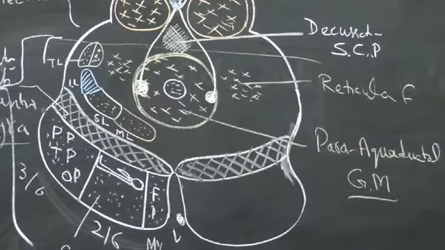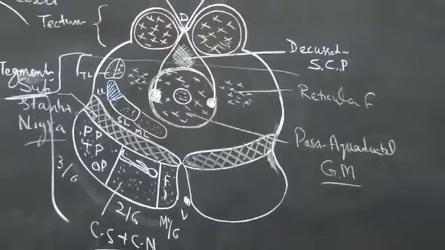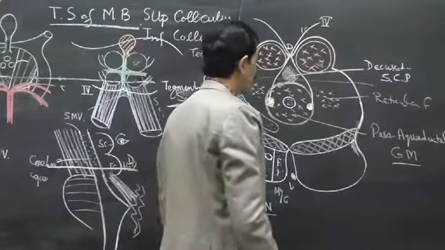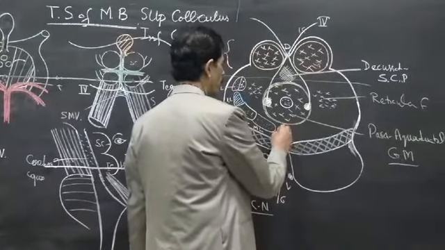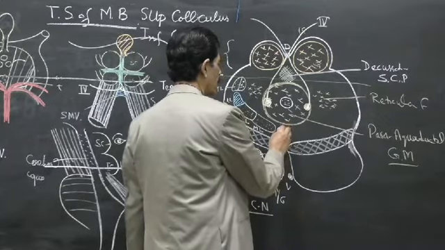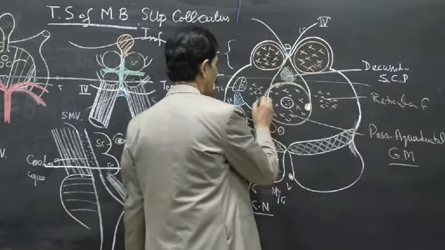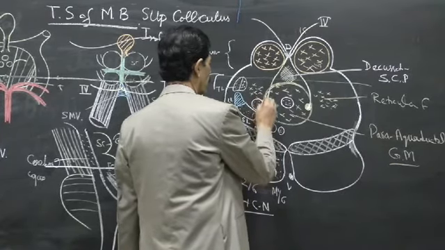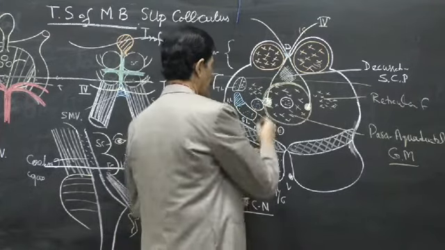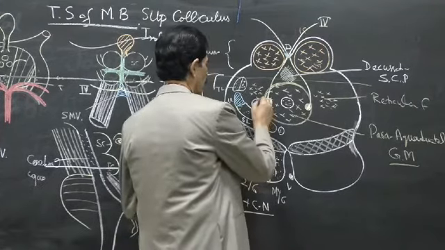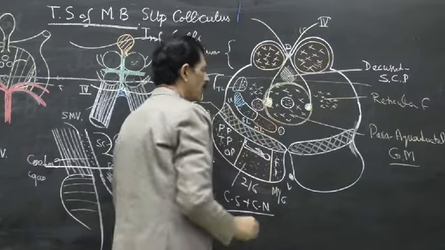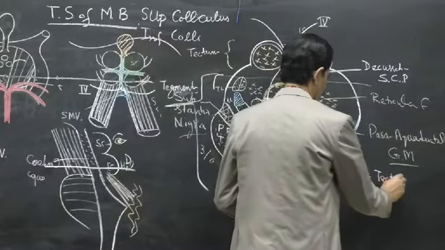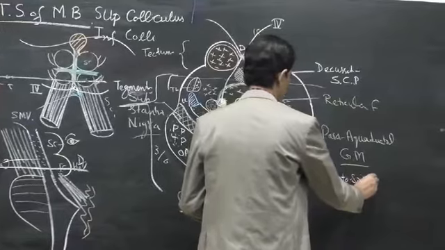Then we also see here a tract which is descending from this upper part of the midbrain, and here, near the medial lemniscus, there lies the tectospinal tract.